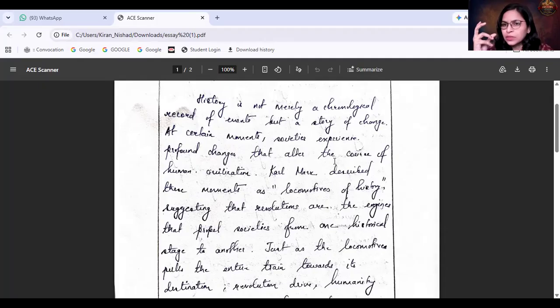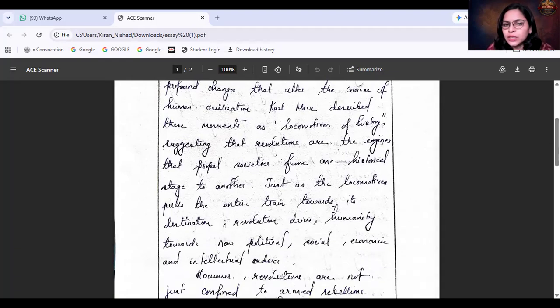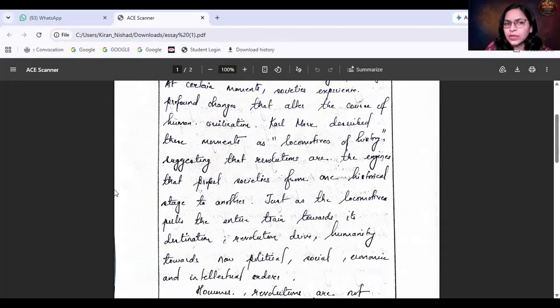So those changing moments, Karl Marx has defined as the engines of history, the locomotives of history, suggesting that revolutions are the engines that propel societies from one historical stage to another.